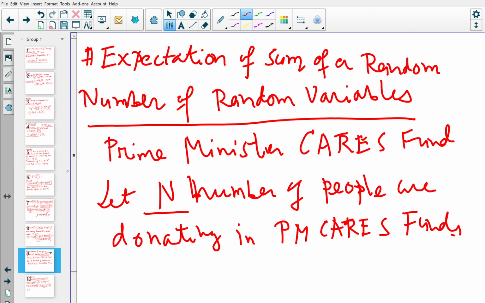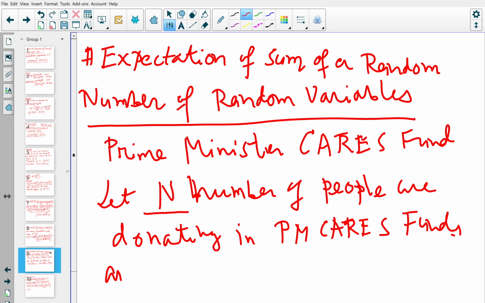For example, central government employees need to donate some portion of our salary, and we are donating that. So how many such people are donating?